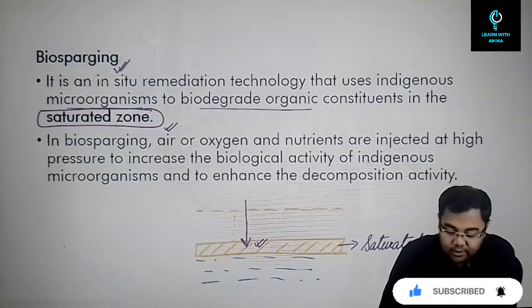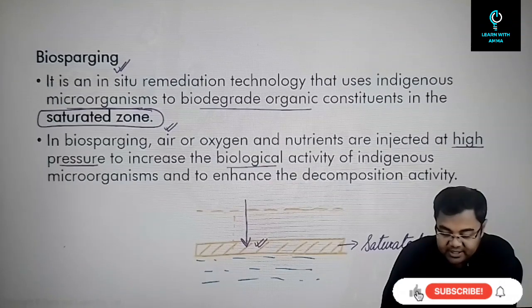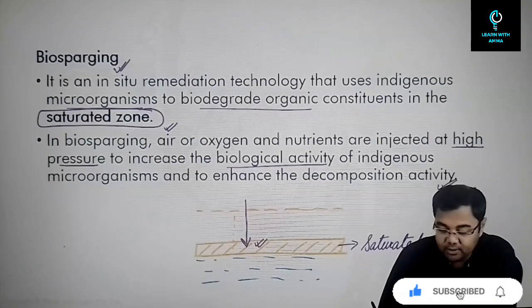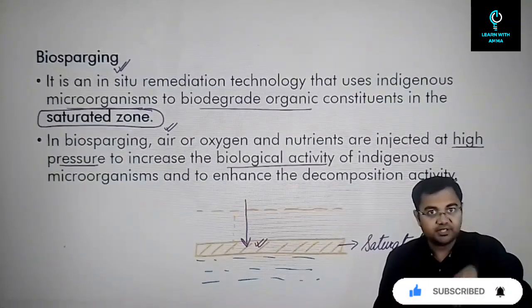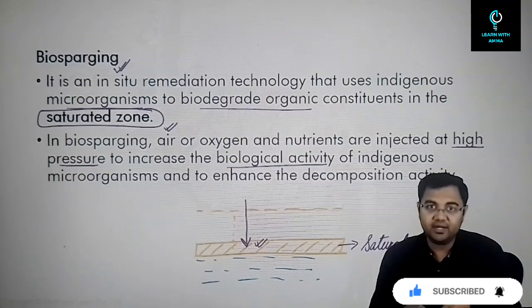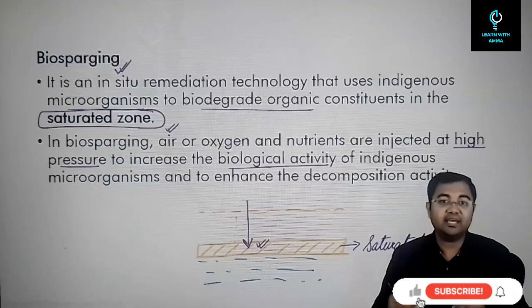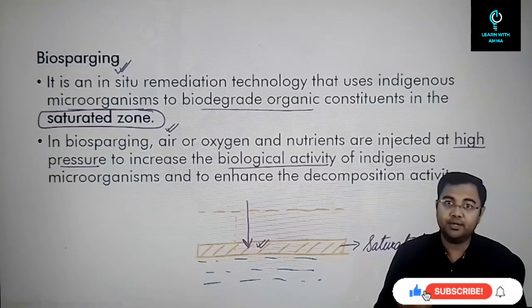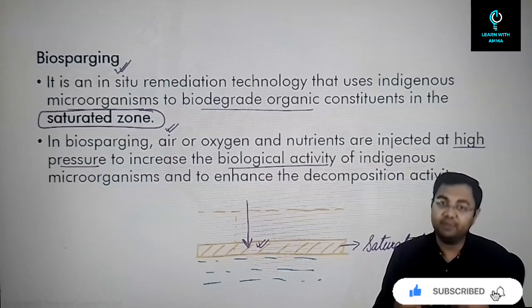In biosparging, air or oxygen and nutrients are injected at high pressure to increase the biological activity of indigenous microorganisms and to enhance the decomposition activity, correct? As soon as the oxygen and the nutrients reach the level where you have all these microorganisms, they will be activated with the help of higher amounts of oxygen and nutrients, and the decomposition process will be faster.